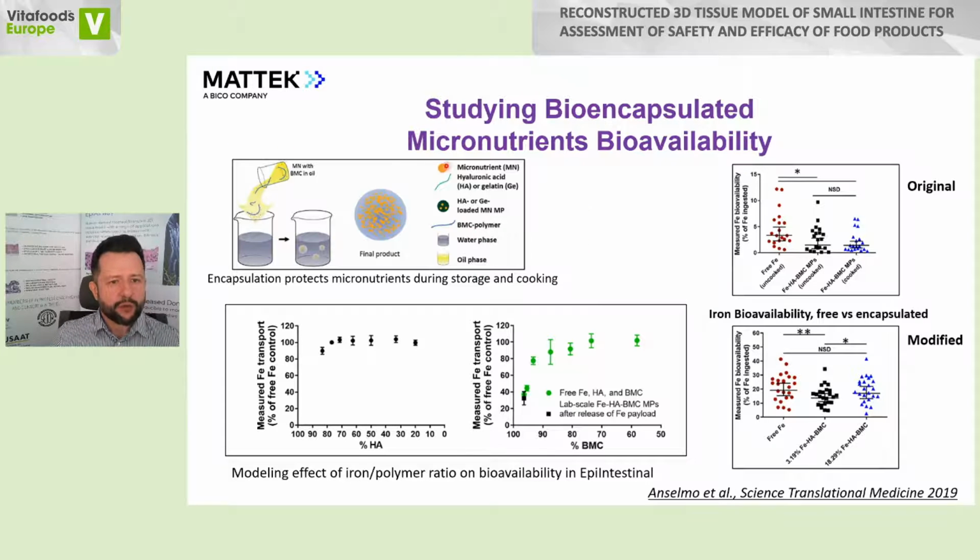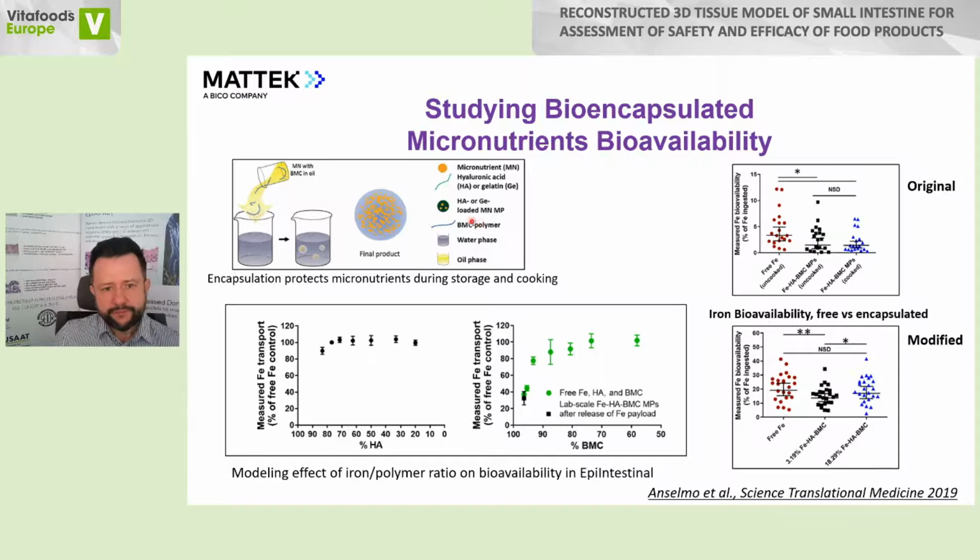Here is just their process as they encapsulate the vitamin, for example, with hyaluronic acid, and the polymer, which is based on butyl methacrylate, I think, some sort of, not a specialist here.